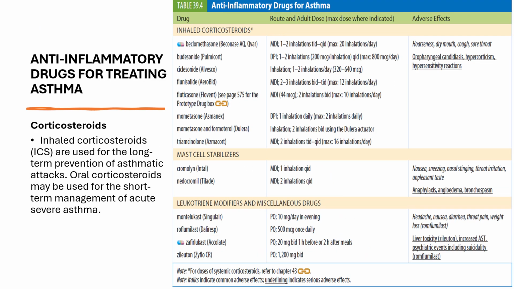Corticosteroids, also known as glucocorticoids, are the most potent natural anti-inflammatory substances known. Because asthma has a major inflammatory component, it should not be surprising that drugs in this class play a major role in the management of this disorder.